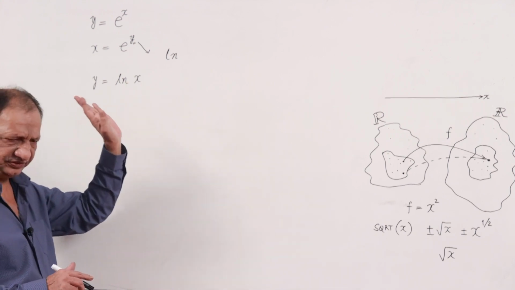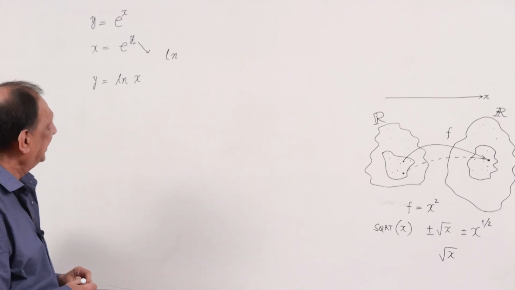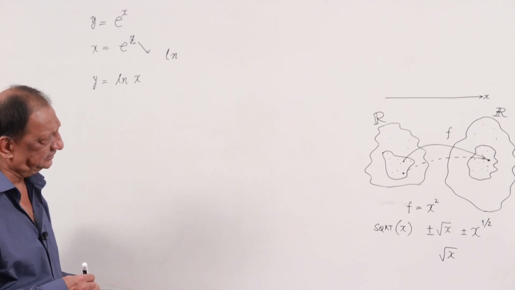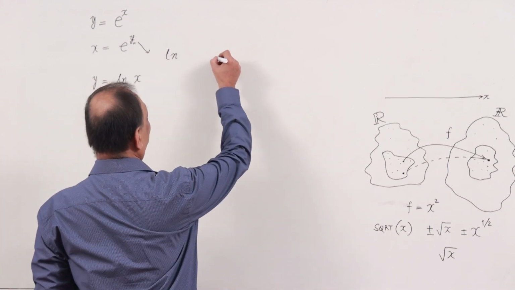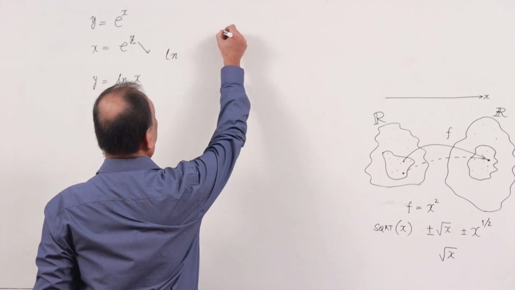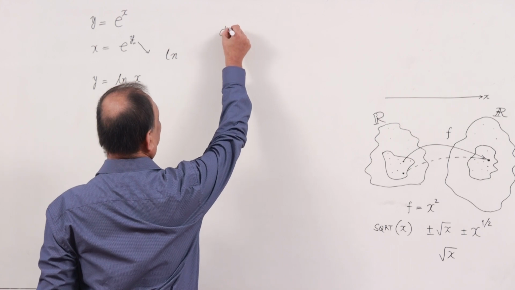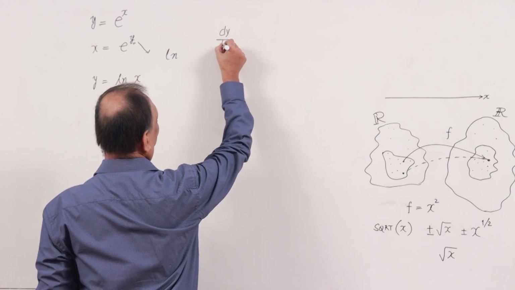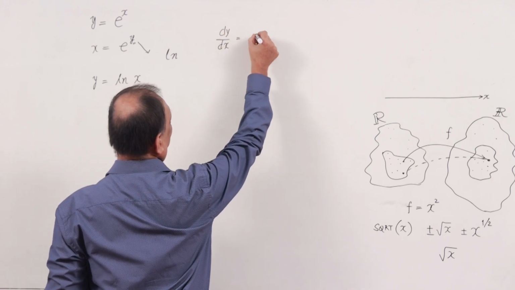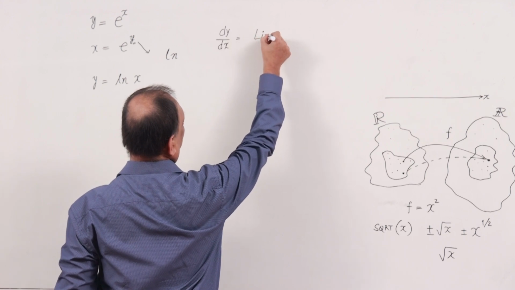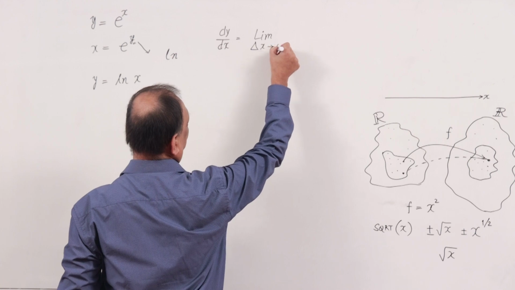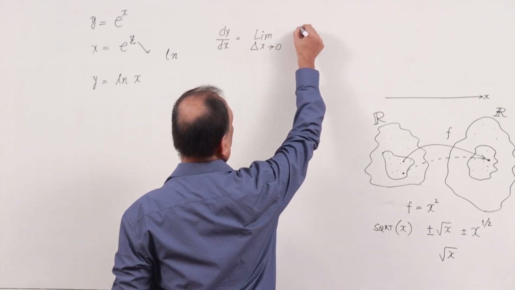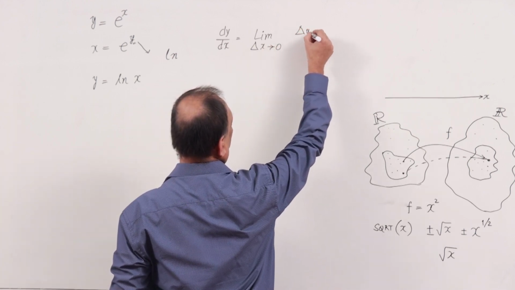So what is log x? So what is the dy by dx? Now, a simple way is, how do we do that? We look at the limit. So now if you say what is dy by dx, it is a limit as delta x tends to 0 of delta y by delta x.